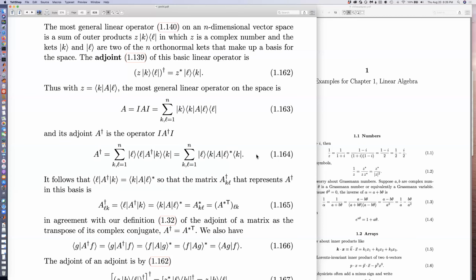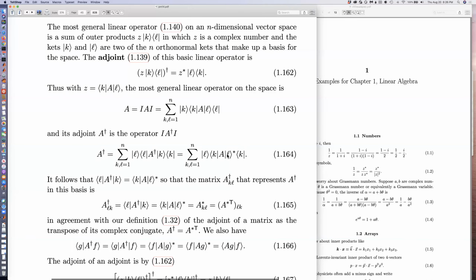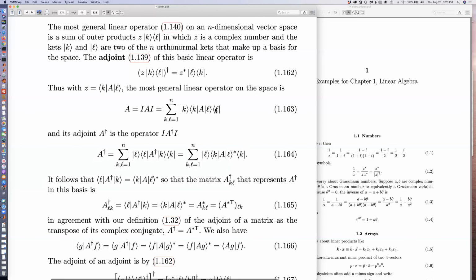One way to get this expression is just to multiply by the identity operator twice. To get this expression, we take the adjoint of this thing. The L goes here, the K goes there, and this is a number, so it has to become the complex conjugate of that number.